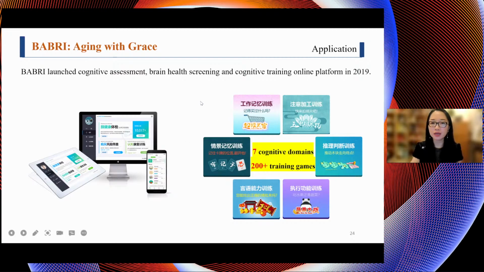And we can also use those electronic systems as a cognitive training online platform, with training games to help the elderly improve memory function, language function, and executive function in 7 cognitive domains.